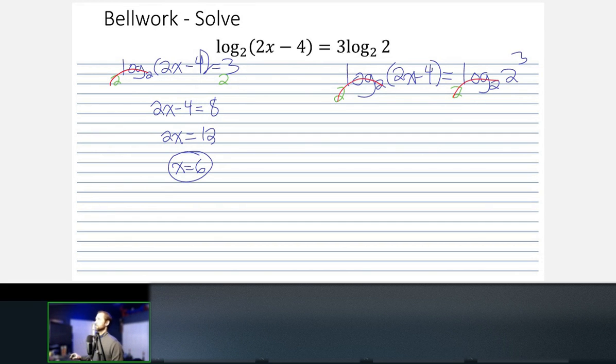And then we get 2 to the 2x minus 4, and then we get 2 cubed, which is 8. And then we get to see the same work from that point. So 2 ways to approach the problem. We got this one correct. X equals 6.